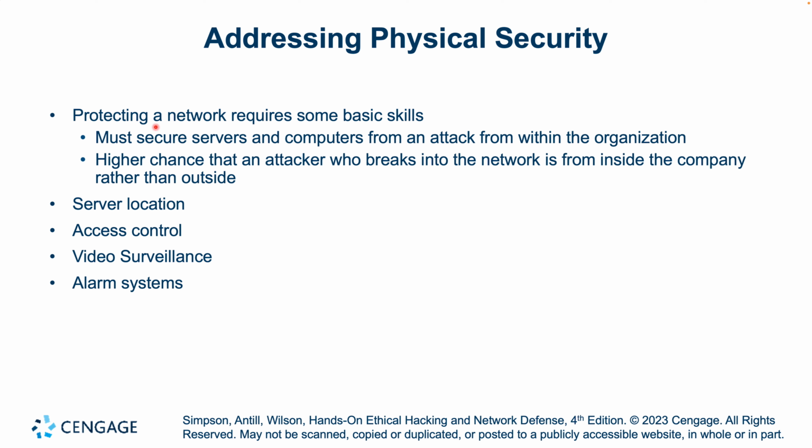So protecting a network requires some basic skills, you must secure servers and computers from attack within the organization. Now, I'm gonna go over several things related to the servers. Like the first one here, you have secure location.